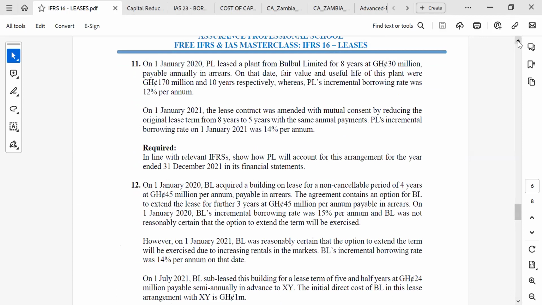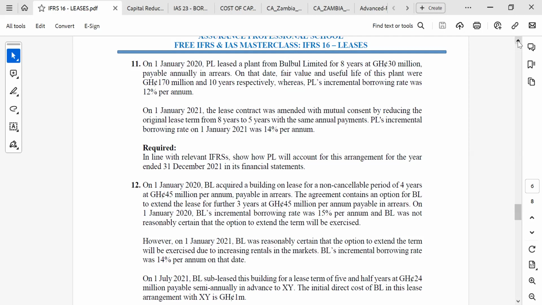They have reduced the original from 8 to what? To 5 years. At the time of the amendment, what is the remaining period on the lease based on the original? We have done 1 year already. Okay, so we have 7 years remaining.